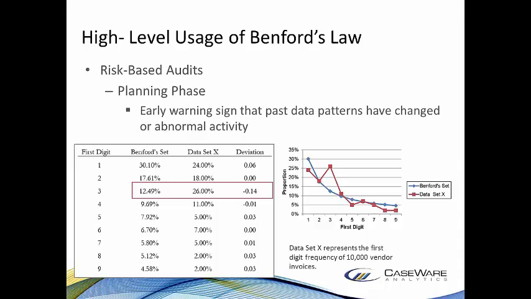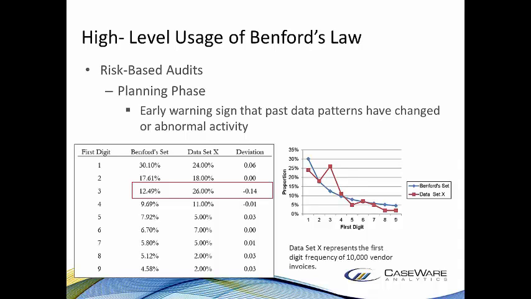In this particular example, there are 10,000 vendor invoices, and the first leading digit of 3 does not comply with Benford's law. So there's an anomaly here. You can see in the chart on the left-hand side that the leading digit 3 is expected to be about 12.5% of the time, but in fact in the data it comes out as 26%.